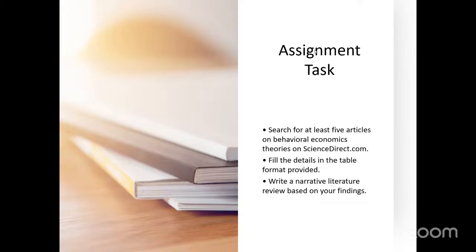Sir, that's it, sir. So now you have understood how to do this literature review. Now I am requesting Farah to show how we can use AI for the literature review.